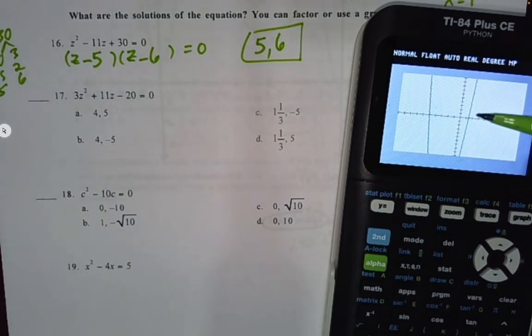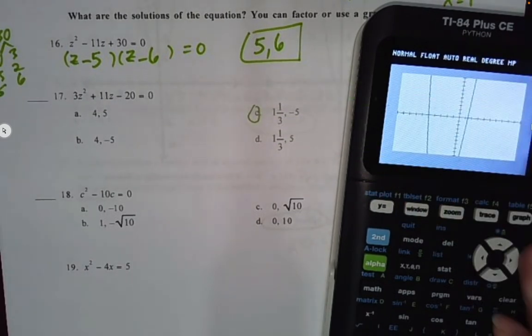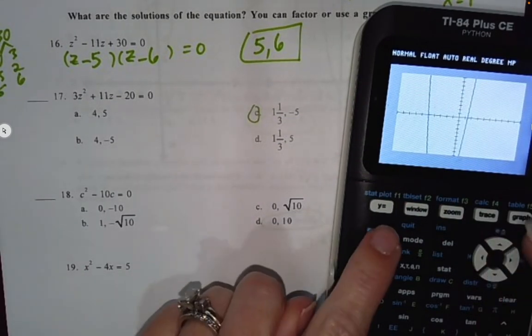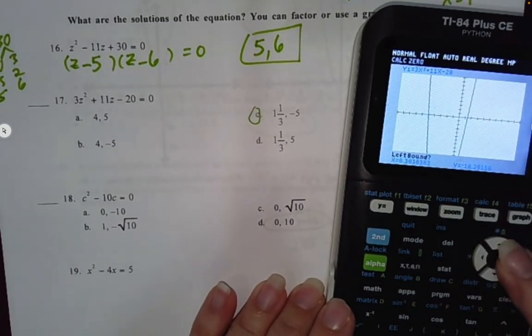What answer has negative 5 and a little something after 1? C, okay?